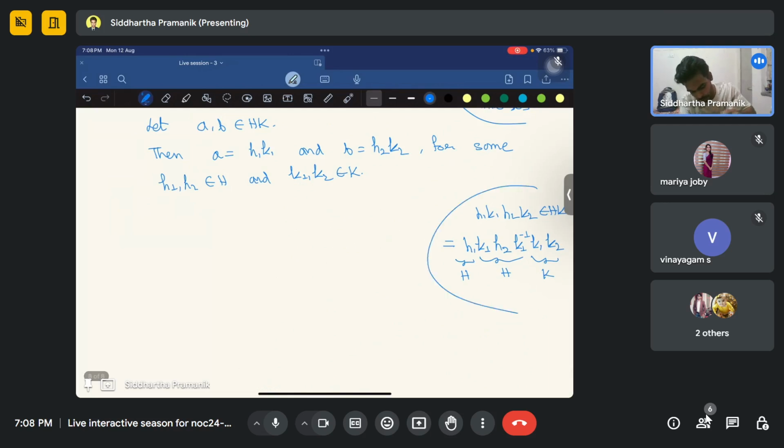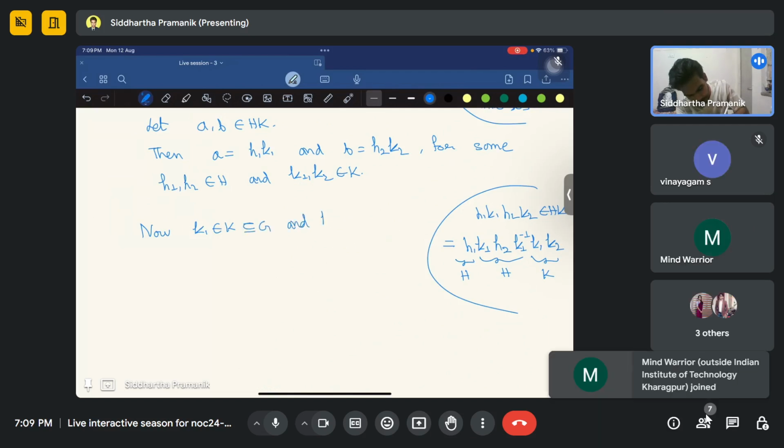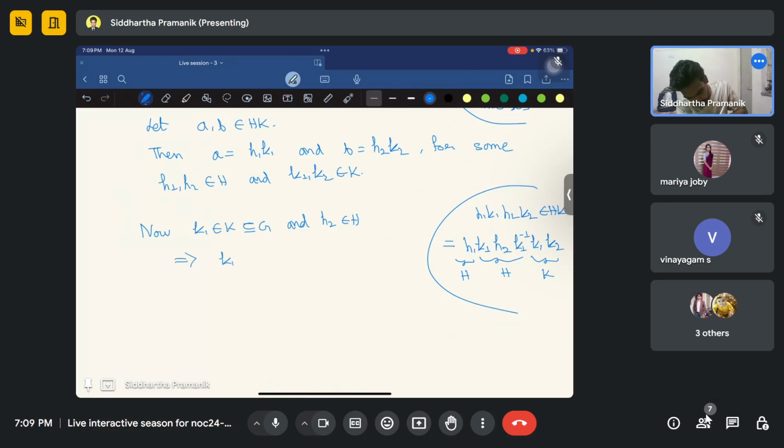So let me write it down. Now K1 belongs to K, which is a subset of G, and H2 belongs to H. So that implies K1 H2 K1 inverse belongs to H because H is normal in G. Okay.